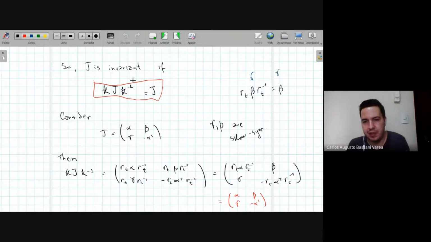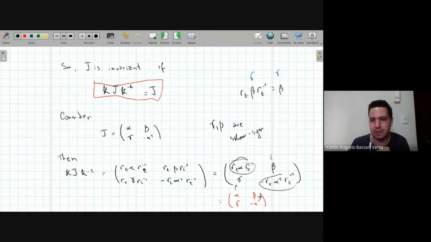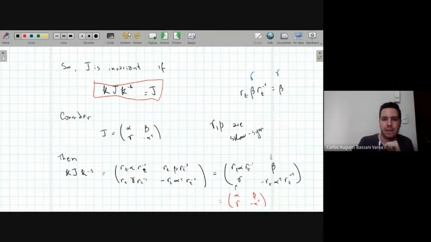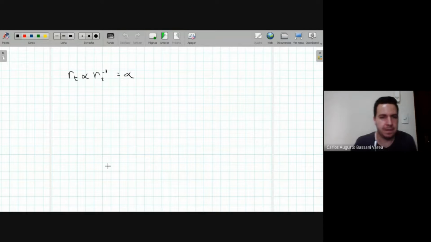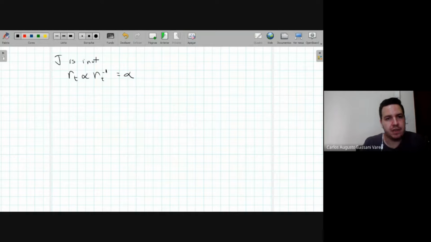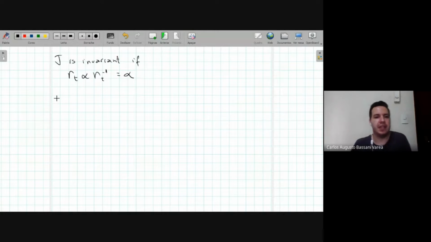Since beta and gamma are skew symmetric, they commute, so just these two entries remain. So J is invariant if it satisfies this condition here. Now it's the point where we split the case, right? When beta and gamma are zero and when they are non-zero.